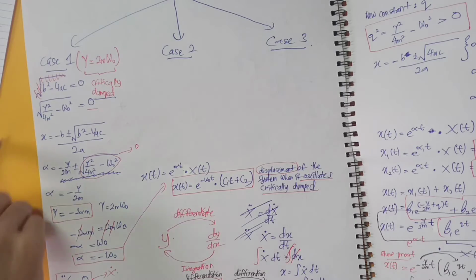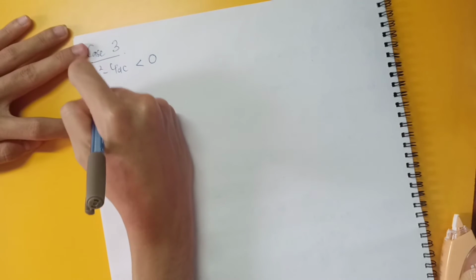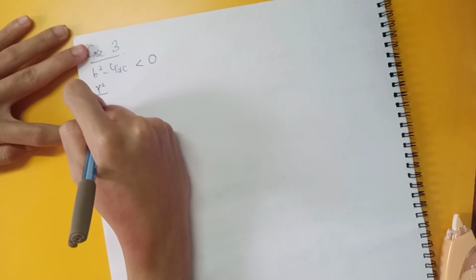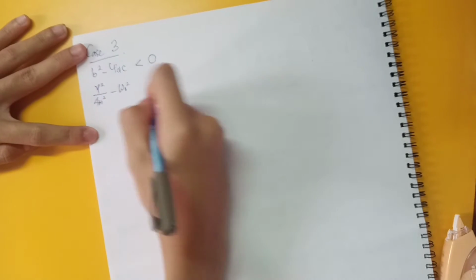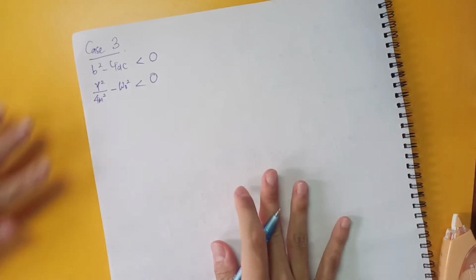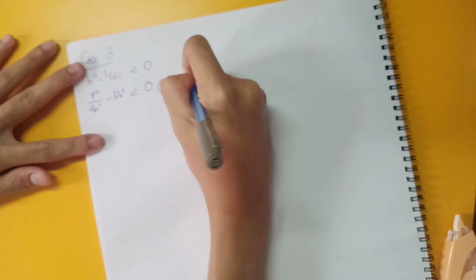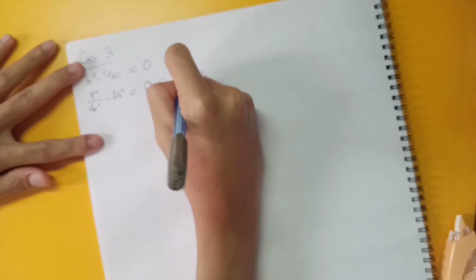Now let's go back here. b square minus 4ac is equal to gamma square over 4m square minus omega naught square, which is less than 0. Or we can say that gamma is less than 2m omega naught.